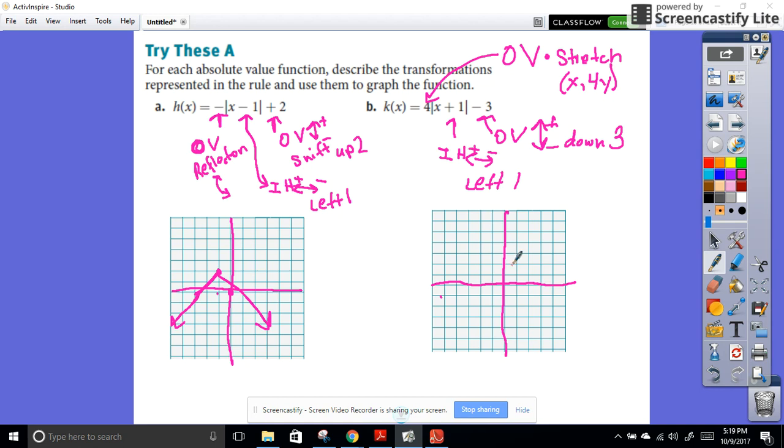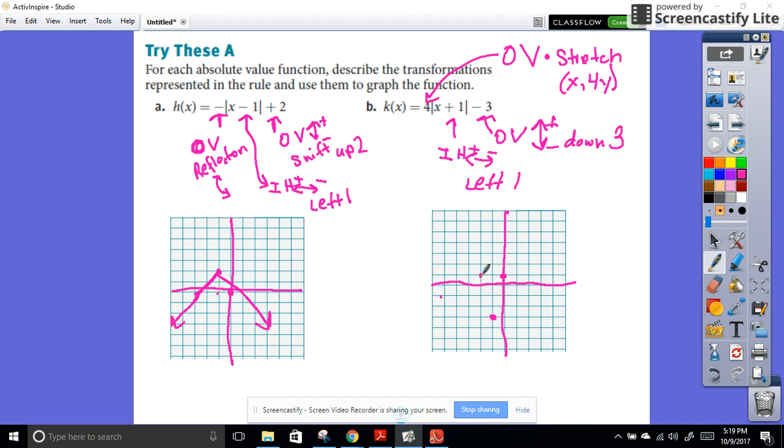So here we're going to go left 1, and we're going to go down 3. There's the vertex. Now, normally we would go over 1, up 1, but we've got to go over 1, but not up 1 because it's 4 times as big, so we're going to go over 1, up 4. 1, 2, 3, 4.